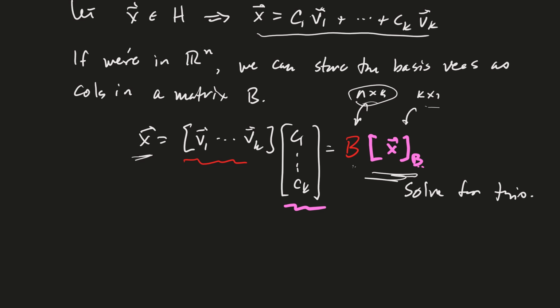Even if n is equal to k, well, if n is equal to k, then it is invertible, but then we'd have to invert the matrix. So the problem is, at this point, we're looking at this and we're saying, okay, I've got to solve this system of equations, but that's going to take a little work. Is there an easier way to do this? And there is. And so that's the next step I wanted to mention.